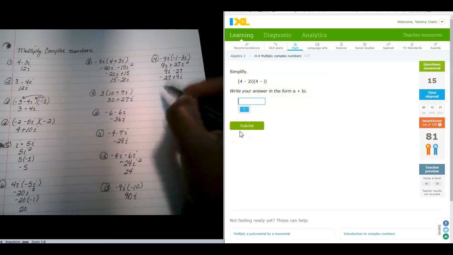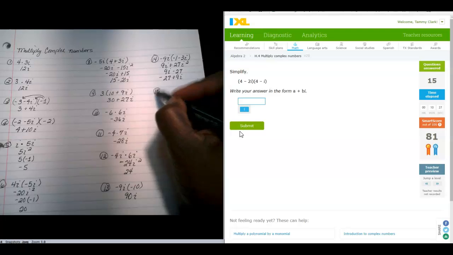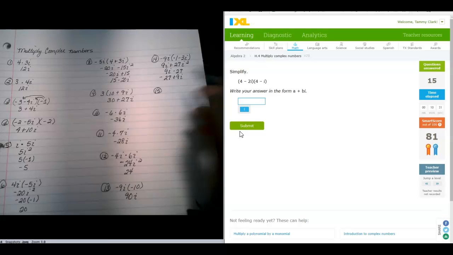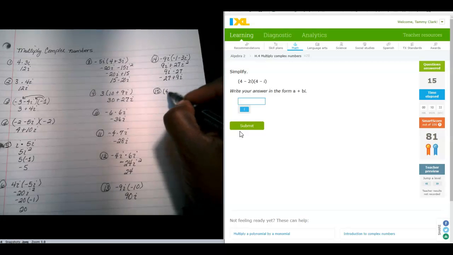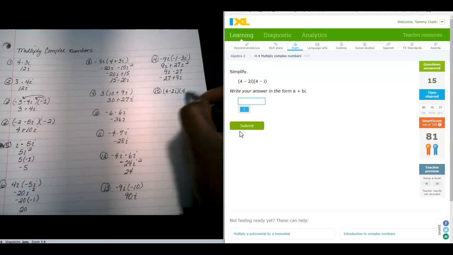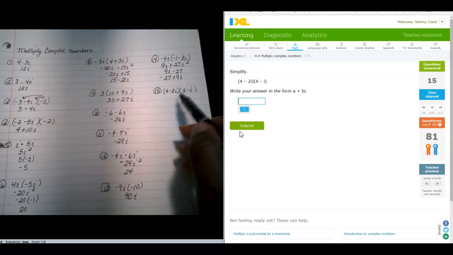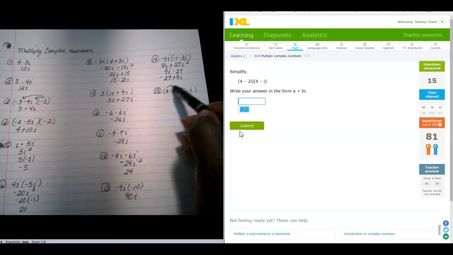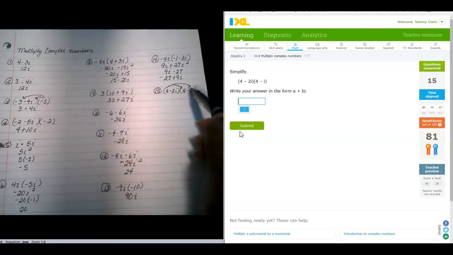All right, I'm going to do this one. And this is just like, some of you know it as FOIL, some of you know it as distributive property. So we've got 4 minus 2i, 4 minus i. So we're going to do first, outer, inner, last, or you can think of it as I'm distributing the 4 to both terms in the second set of parentheses.